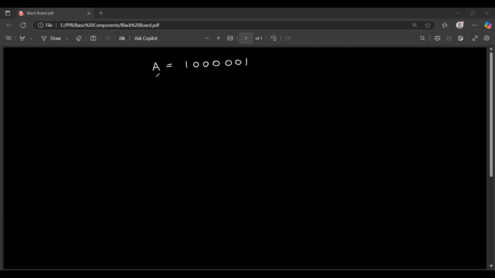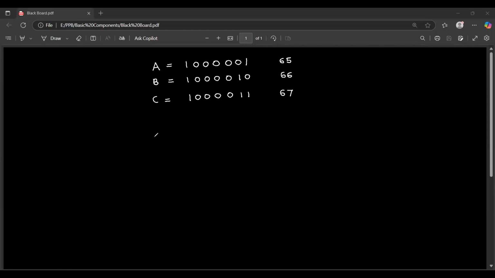From A to Z, it is in this order. So B will be equal to 1000010, and C will be equal to 1000011. Since A is equal to 65, B is represented by 66, and C is represented by 67.